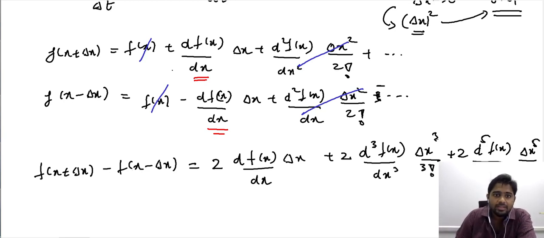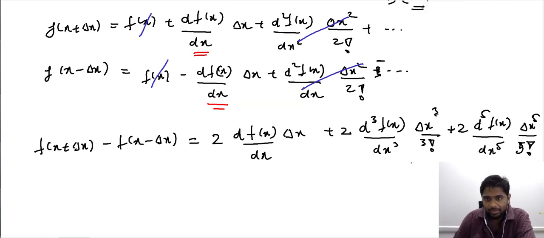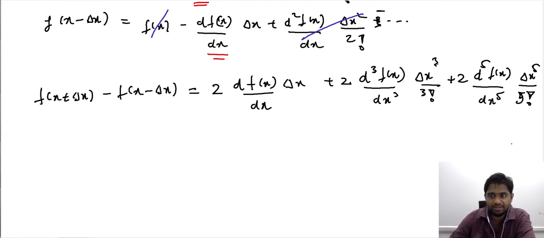When we do that, the terms with identical signs get cancelled out, so f of x gets cancelled out, and the second derivative with the same positive sign gets cancelled out. Since the third derivative is of positive and negative sign, they get doubled, and you have this term here. The fifth derivative is likewise doubled, you have this expression, and ultimately this goes on forever.